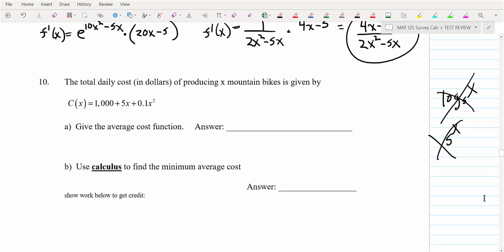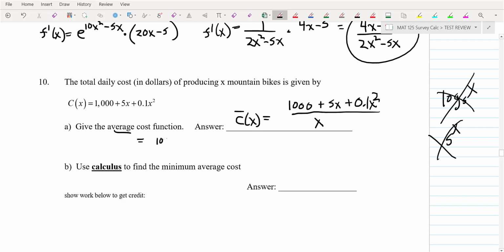All right, let's see. How do you find average cost, if I ask you? Divide by x. Okay, that's good. Now, we usually write that as C bar of x. It would be okay if you just wrote the answer like this. There's nothing wrong with that, but the reason I've been doing more with it is because if we do the minimum average cost, you have to do the derivative. And instead of doing the quotient rule, it's better to just split it up.